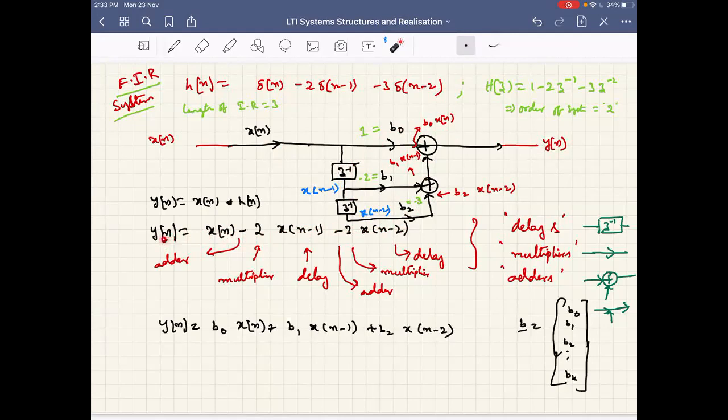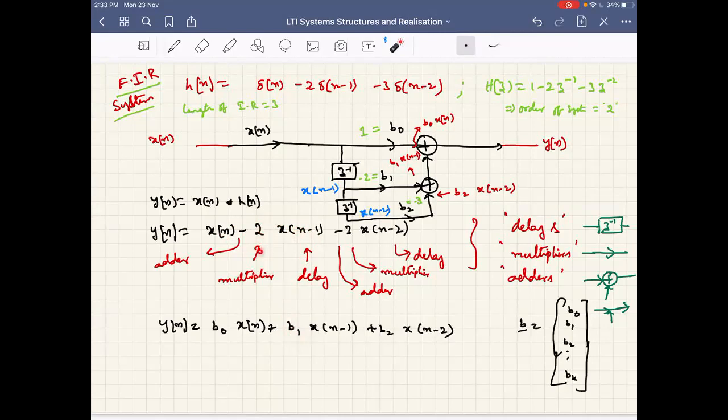See, y of n is a summation: b naught into x of n, where b naught is 1 here, so x of n, and then it should get added to the next term. So there should be an adder required. And how do I get the next term? By delaying x of n, that is x of n minus 1. So there is a delay element required, and then usually there are multipliers for the delayed versions of the signals, that is b k.